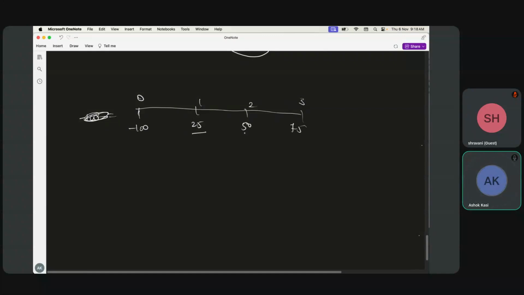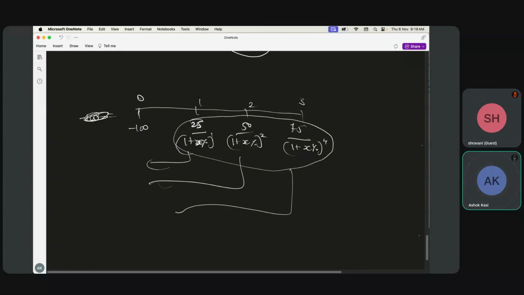Now I want to know what is that rate, that X percentage, which will make this value equal to 100.